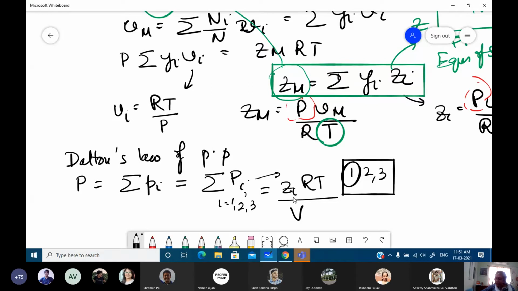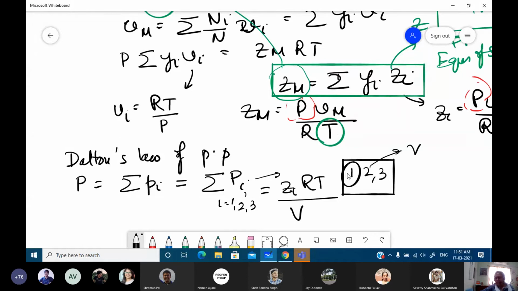So what we assume is that if the gas were alone, the pressure it would have exerted when occupying this entire volume V is the pure component pressure. We assume that when the gases are mixed, all the individual gases also occupy the total volume.